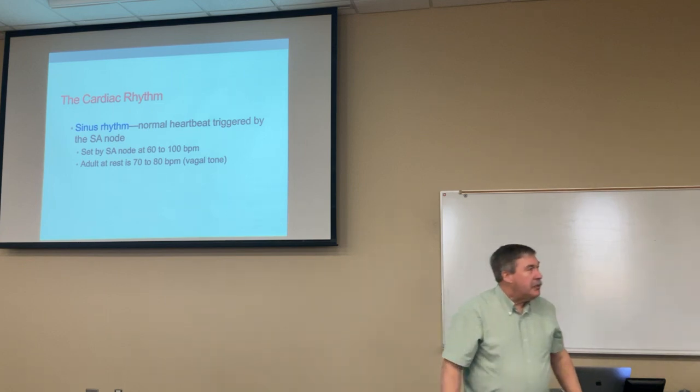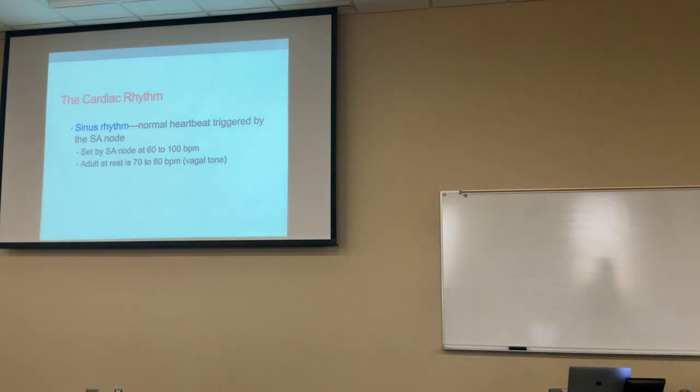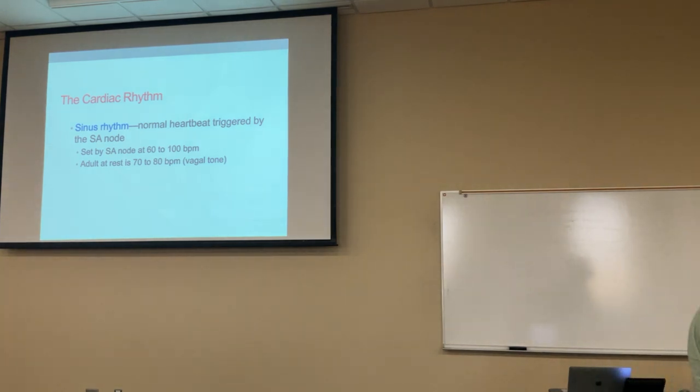So normally the heartbeat is triggered by the SA node, because that's the pacemaker of the heart. And generally that causes the heart rate to be anywhere between 60 and 100 beats per minute, depending on the person. Okay, there's a lot of variation. Normal is probably around 70, 75 beats per minute.